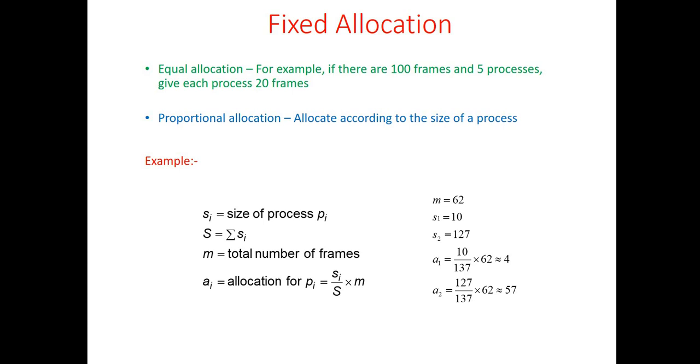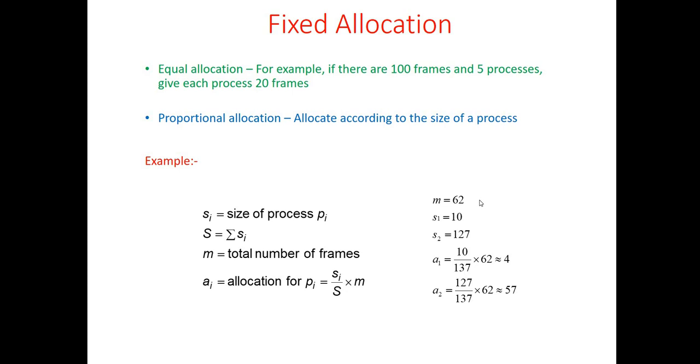M is the total number of frames available in the main memory. Then, according to proportional allocation, the number of frames allocated for a process Pi, represented as ai, is equal to si divided by S, multiplied by M. This is the method used for allocation of frames for process Pi.